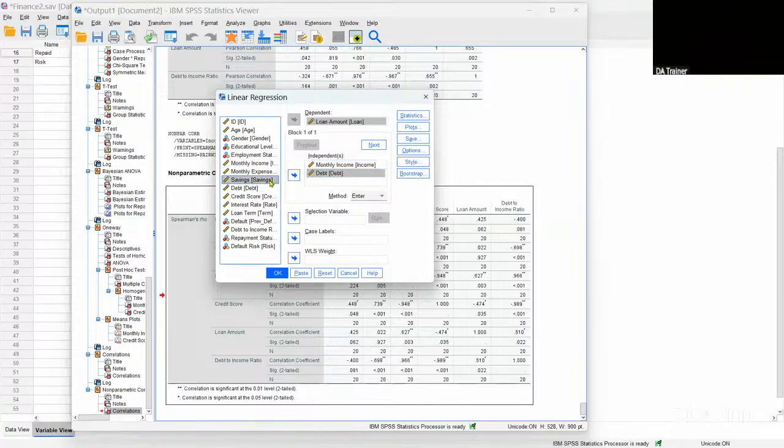Savings, credit score, interest rate, and then loan term. If you can, you can also put DTI.